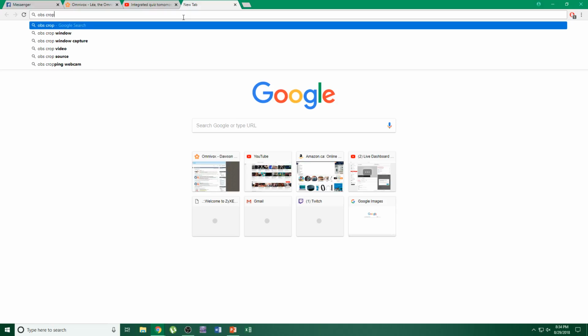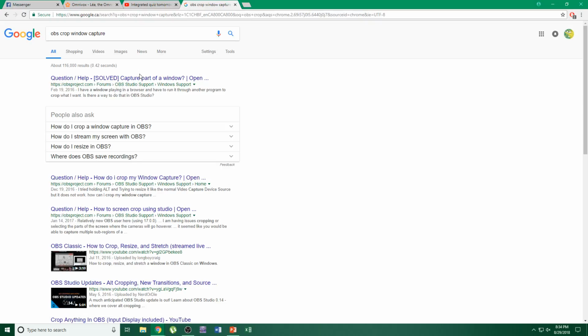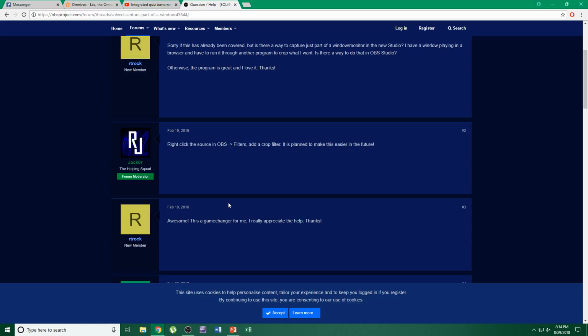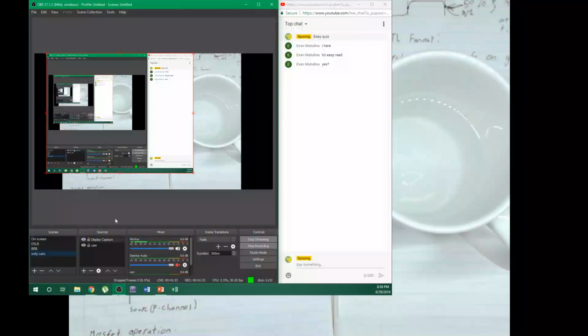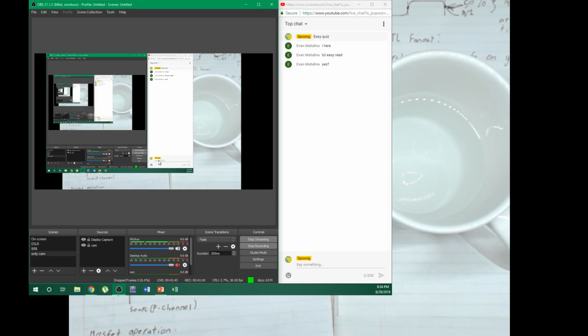Crop. Window capture. Right click and source filters. Filters? Yes. Filters.